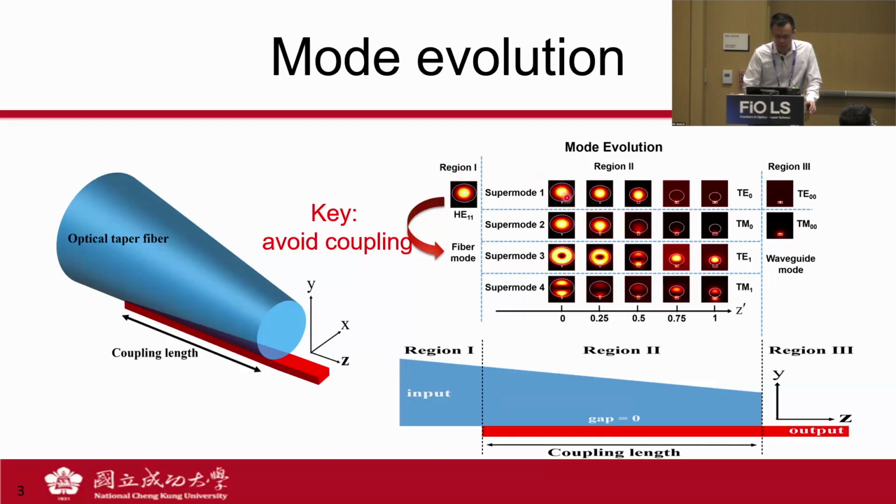And as super mode 1 evolves along the evolution region, you can see that it gradually evolves to the waveguide mode. So if we can make sure that the input light evolves along the single super mode, then we can have very efficient coupling from the input fiber to the waveguide. And the key here is to avoid coupling of the super mode into the other super mode.